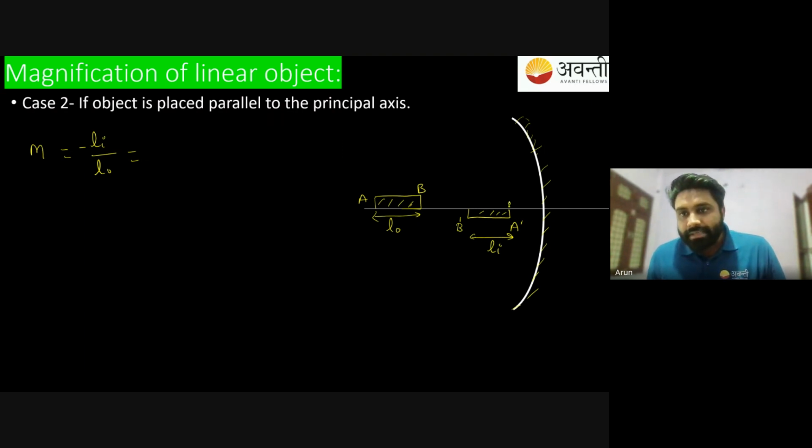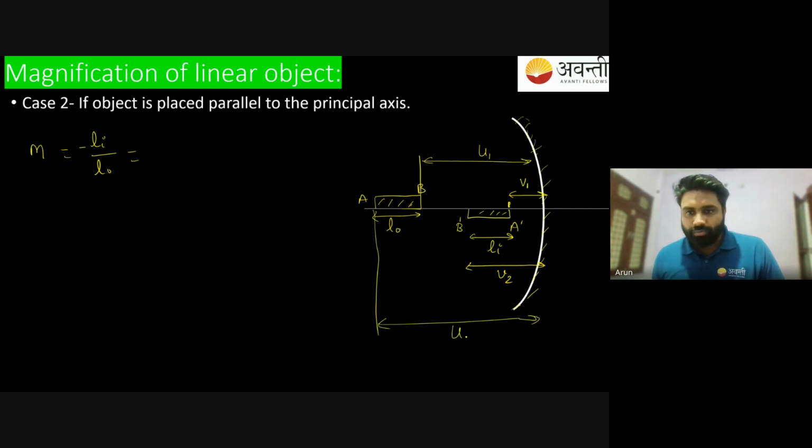If this point A dash from the pole is at V1, and this B dash is at V2, because this is the image, I am denoting the distances of the image from the pole as V1 and V2. Similarly, for the object we have U1 and U2. So it is also defined as the difference of distances of images divided by the difference of distances of object, meaning V2 minus V1 divided by U2 minus U1.